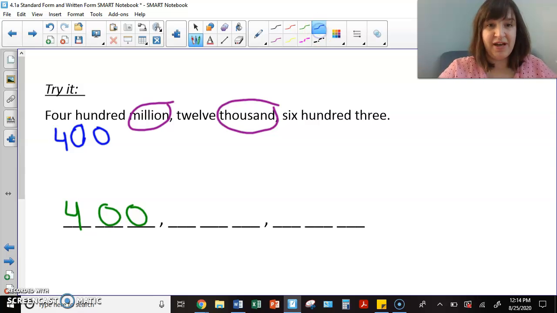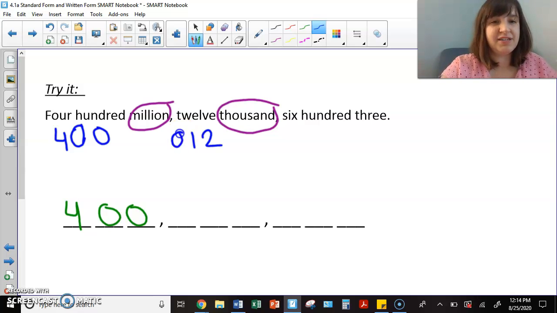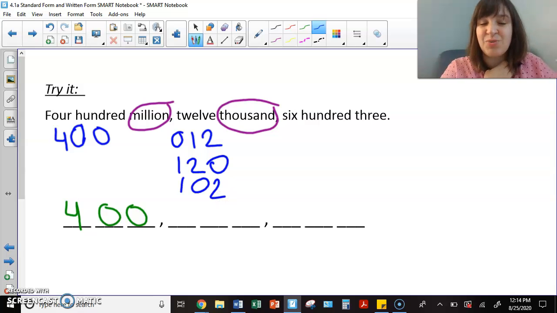Then I have my number 12. 12 looks like this. That's only 2 digits, and I need to fill 3 spaces. So I could put it in front, at the end, or in the middle. Which one looks like 12? The top one does. So I'm going to write 12 on my lines right here.